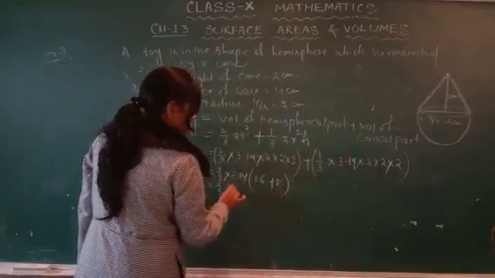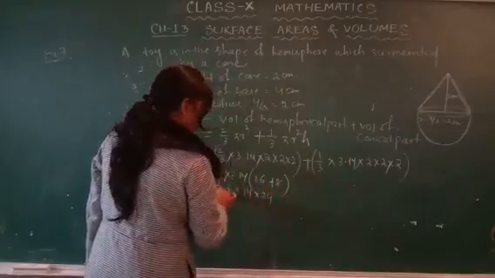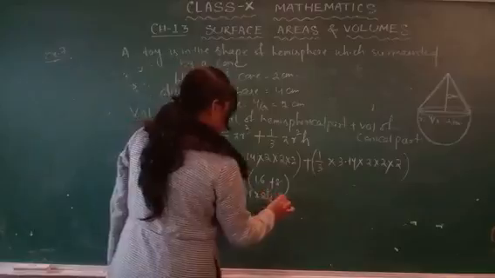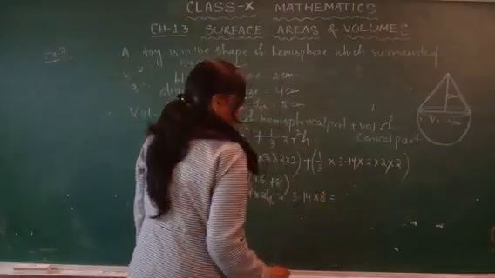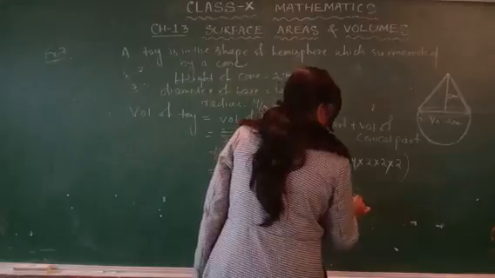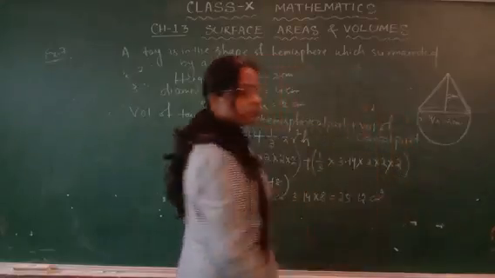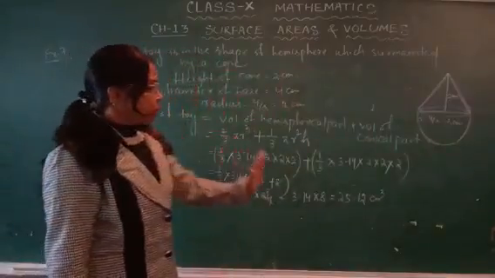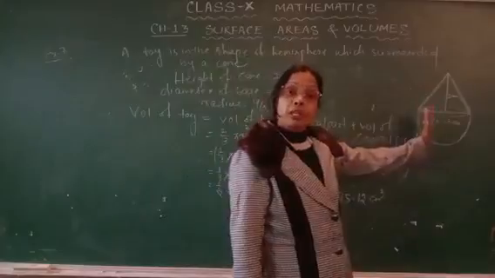So 1 upon 3 into 3.14, here it is 24. 3 cancels, that is 8. So 3.14 into 8 is equal to 25.12 centimeter cube. Okay, so 25.12, this is the volume of the toy.